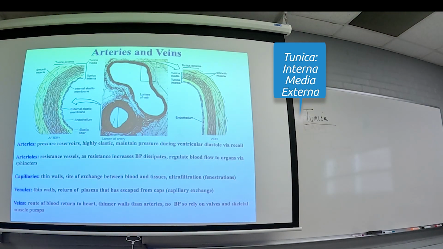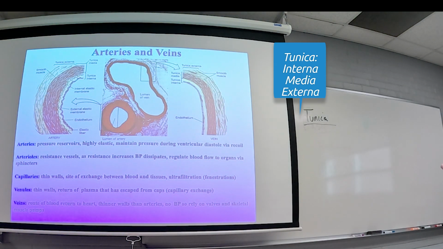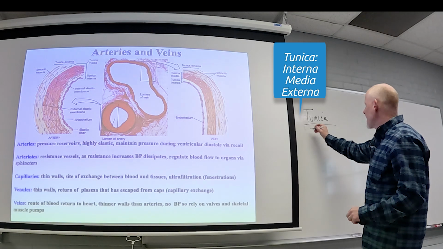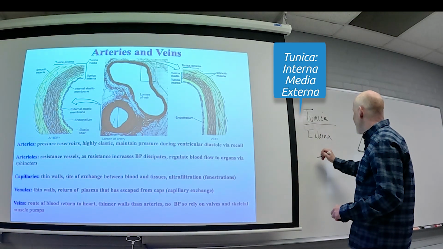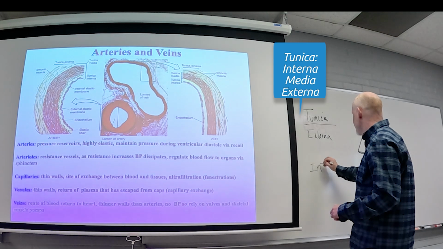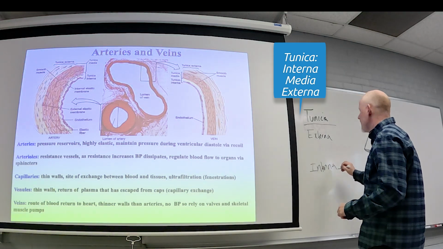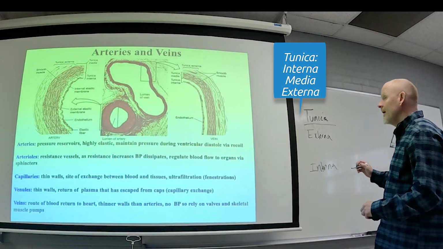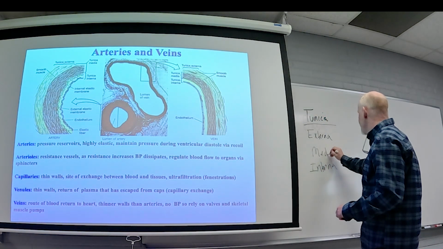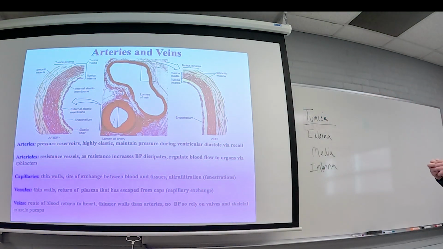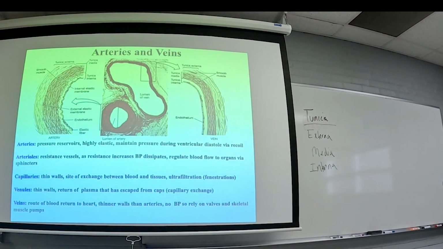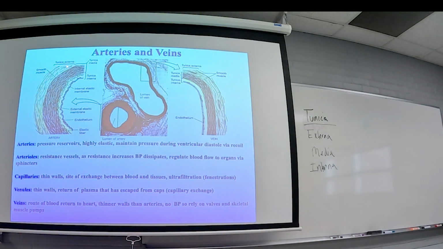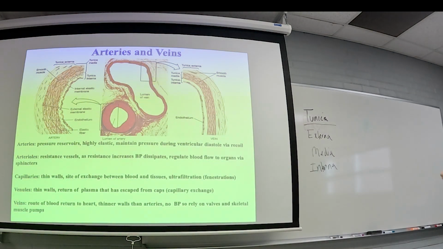It's just the scientific word for layer. And so you notice you have externa and interna, and then you have a media, which is in the middle. So you've got an outer layer, a middle layer, and an inner layer: tunica externa, tunica media, and tunica interna.